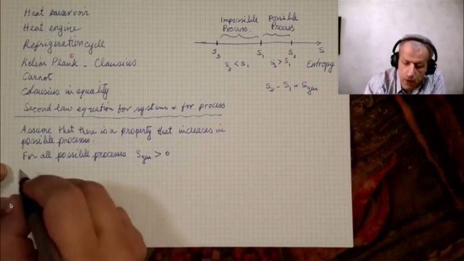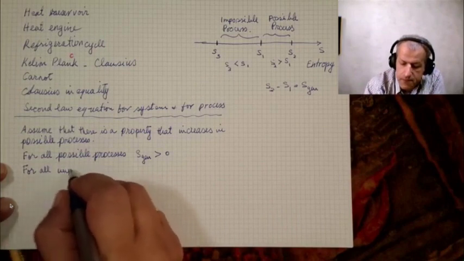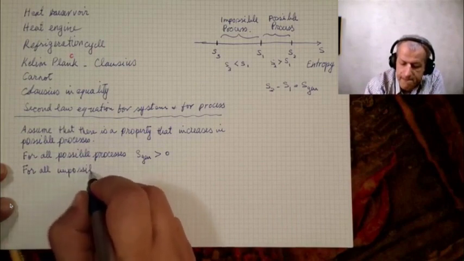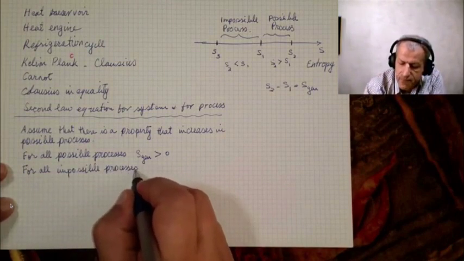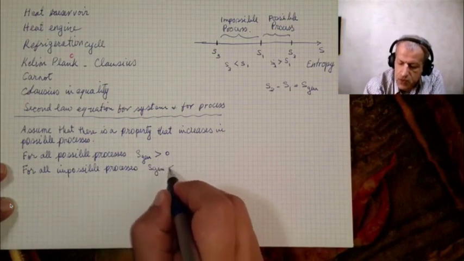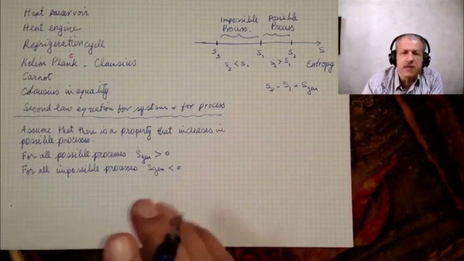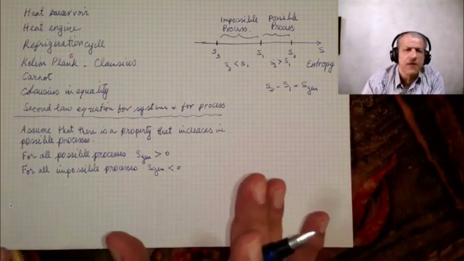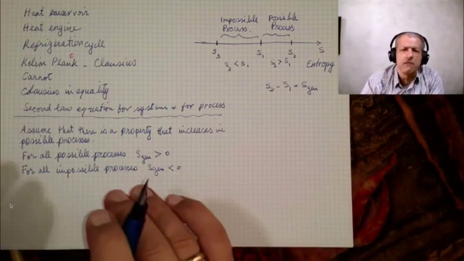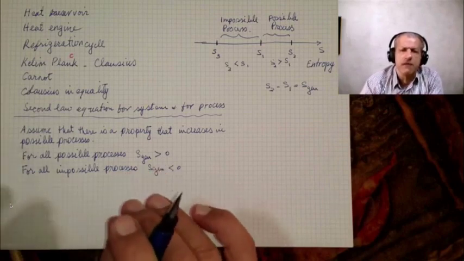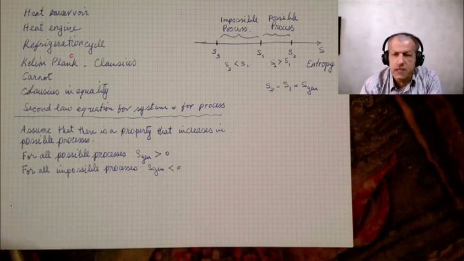And for all impossible processes, Sgen should be negative. That is where we start. Instead of starting the second law of thermodynamics with Kelvin-Planck or Clausius statements, we start from here. So there is a property which increases if a process is possible.